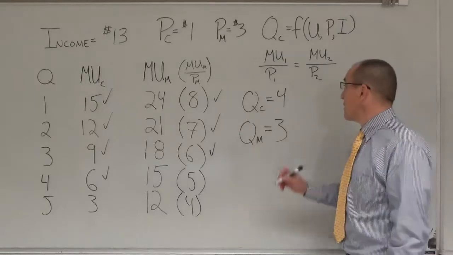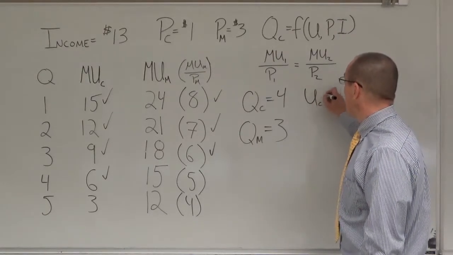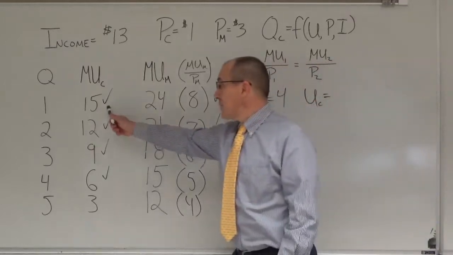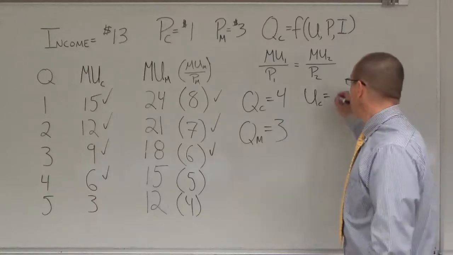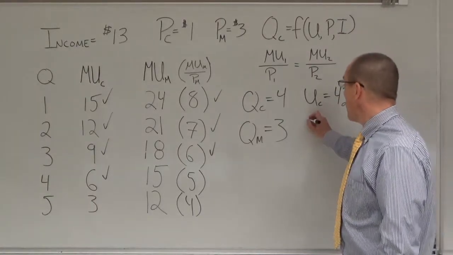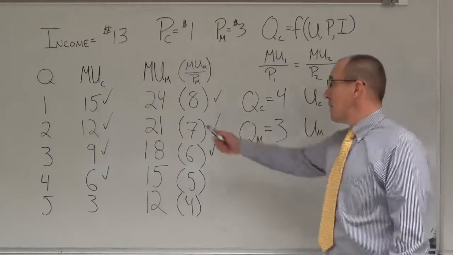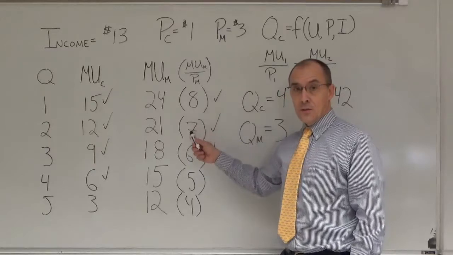How much total utility will he get? His utility from cookies is 15, 12, and 9, plus the first, which gets us to 42. For milk, keep in mind this is the utility he gets from each one, not utility over price.